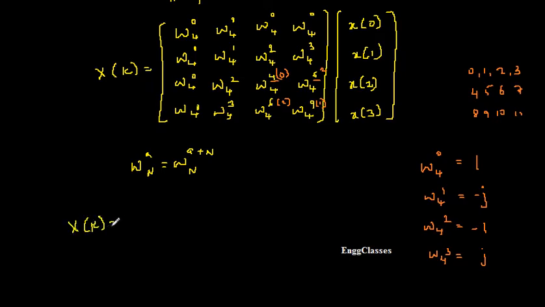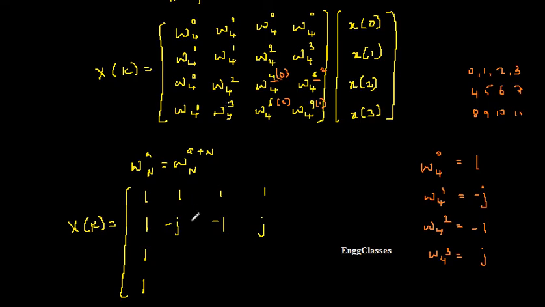Therefore x of k is going to be, in the first row, all the terms turn out to be 1s. In the second row, w4 to the power 0 is 1, so first row and first column turn out to be 1. Then w4 to the power 1 is minus j, w4 to the power 2 is minus 1, w4 to the power 3 is plus j.